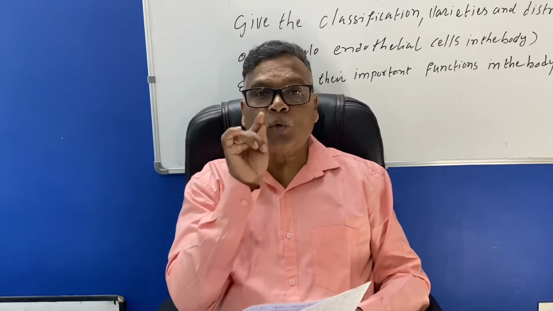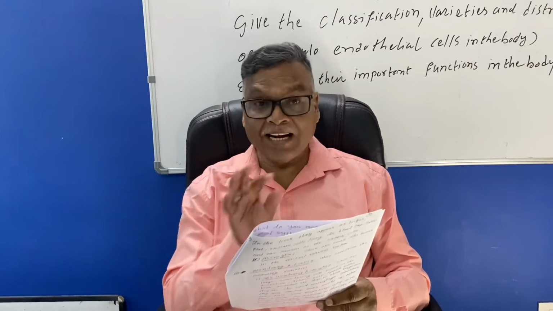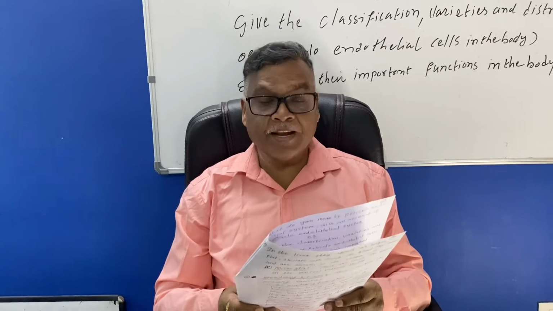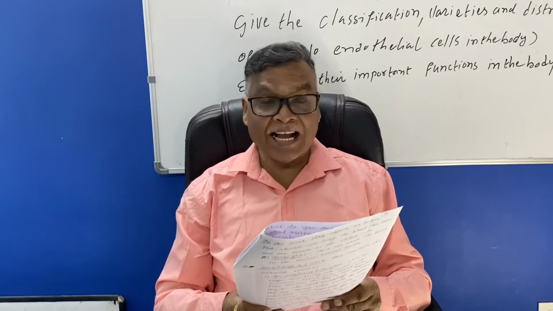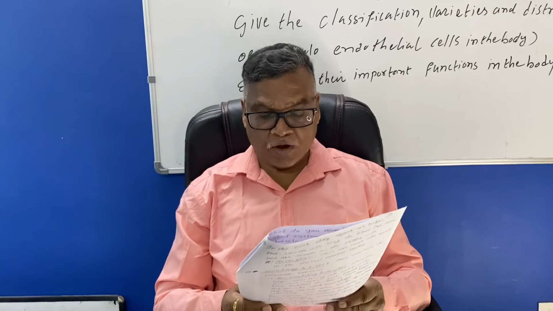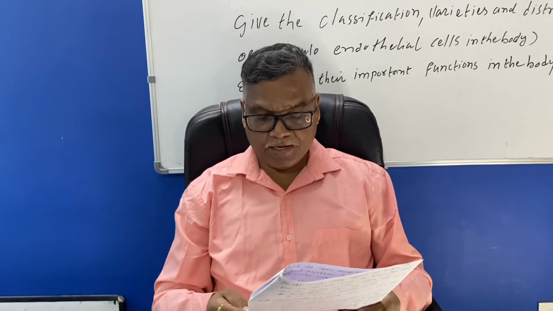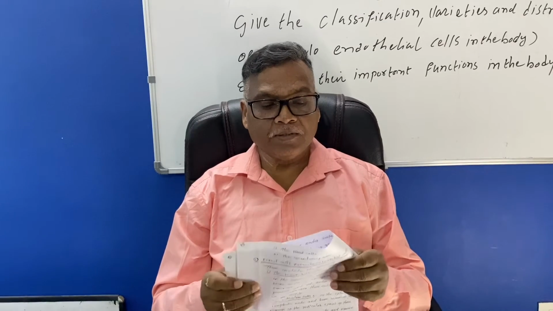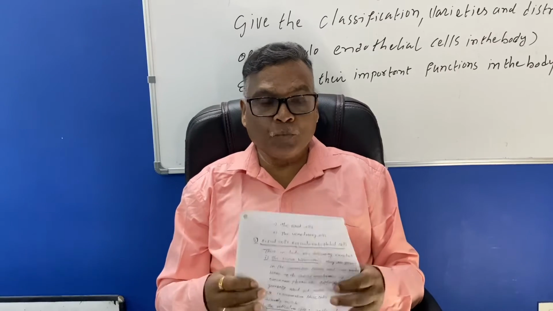Now give the Roman third. The heading will be the endothelial cells. Underline it. They are present in the lining membrane of the blood sinuses of spleen, bone marrow, adrenal cortex, pituitary, liver, etc. Now new paragraph.